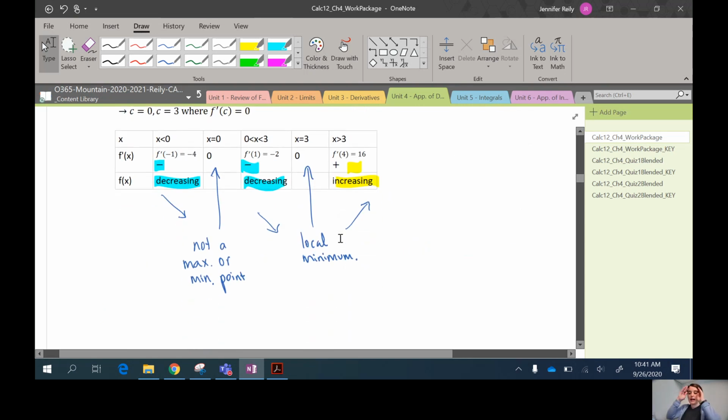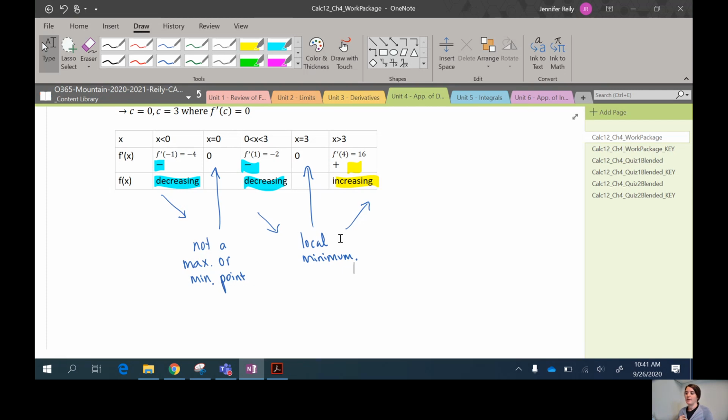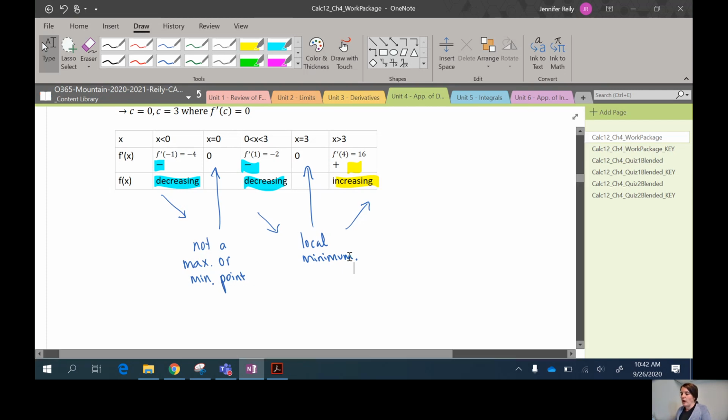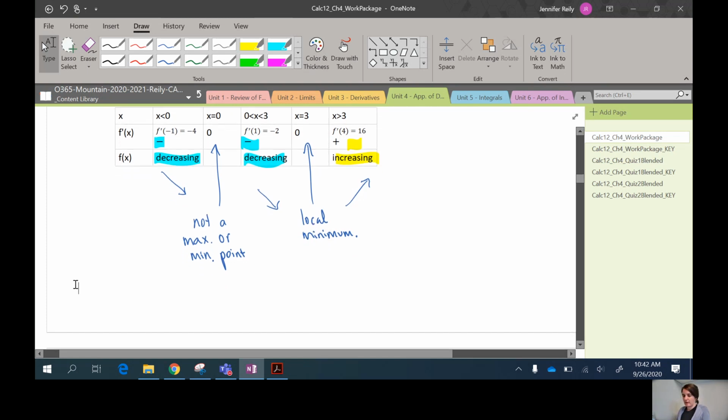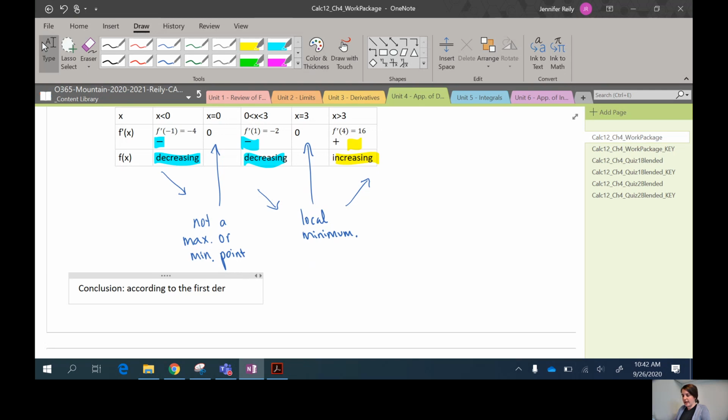Okay, so that's how you find local minimums or maximums if you don't know anything about the function and you don't have any endpoints. We don't know whether this is a local minimum or a global minimum. We just know that it is a minimum. Okay, so I'm just going to write a conclusion here. According to the first derivative test, f of x has a local minimum at x equals 3.